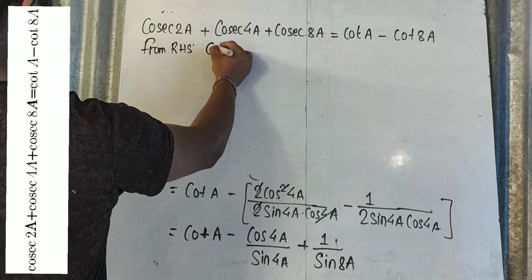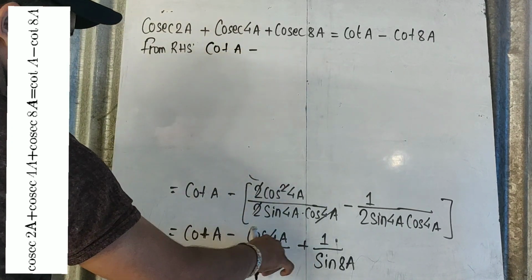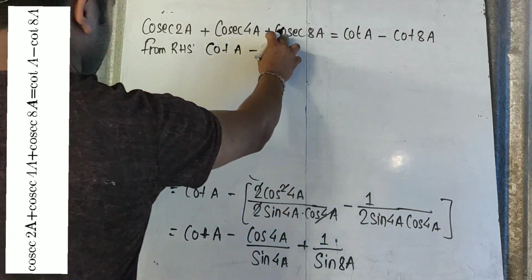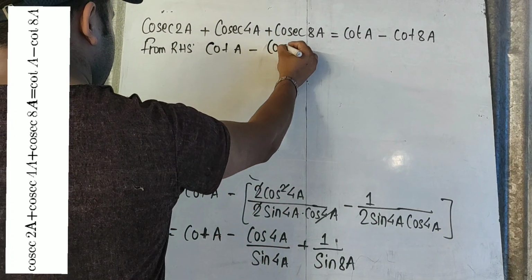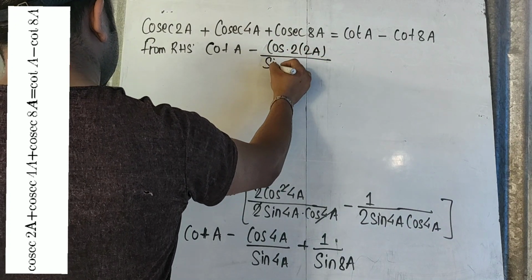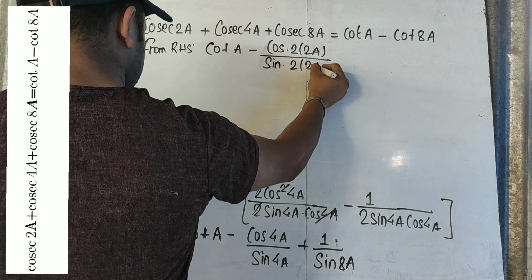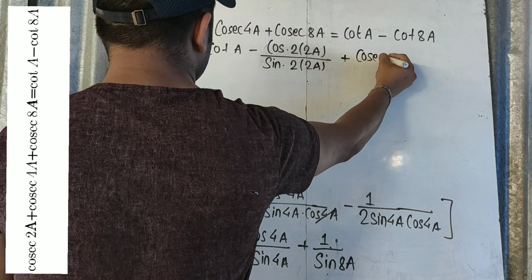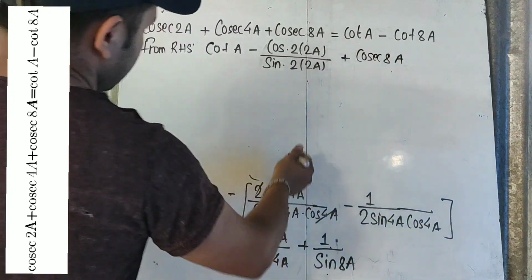You have cot a minus cos 4a, which can be written as cos 2 into 2a, sin 2 into 2a, plus 1 by sin 8a can be written as cosec 8a. Now we got cosec 8a.